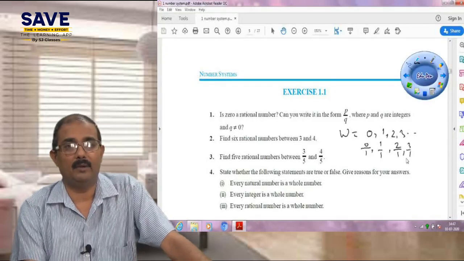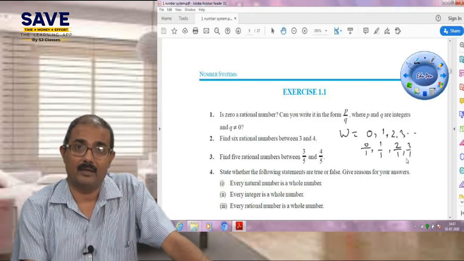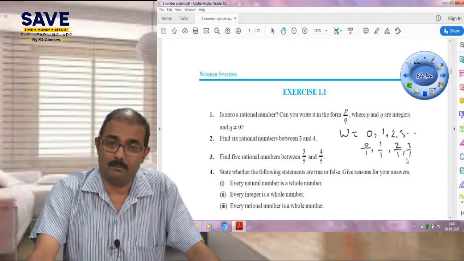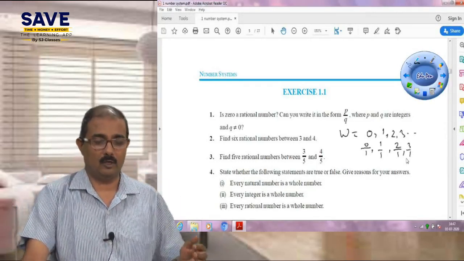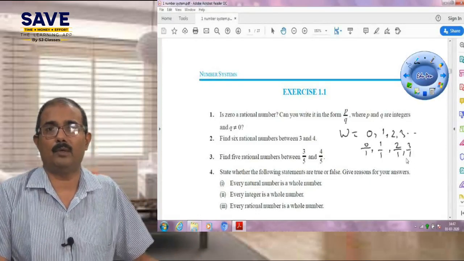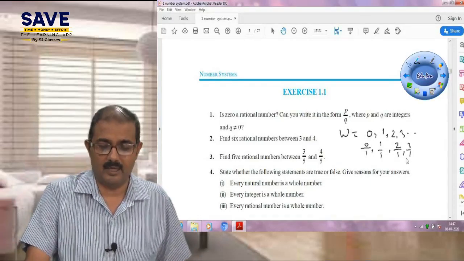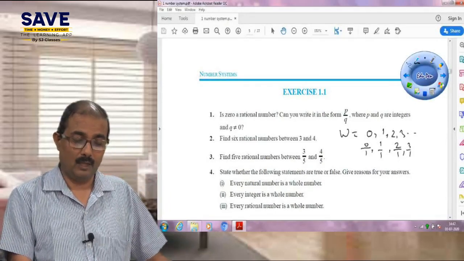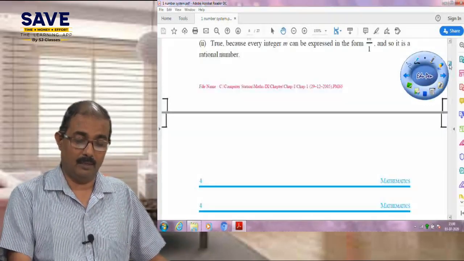So every whole number is a rational number. But in the third part, it is being asked whether all rational numbers are whole numbers. So it is false, because I have just given you the example of 2 upon 3, which is a rational number, but not a whole number.